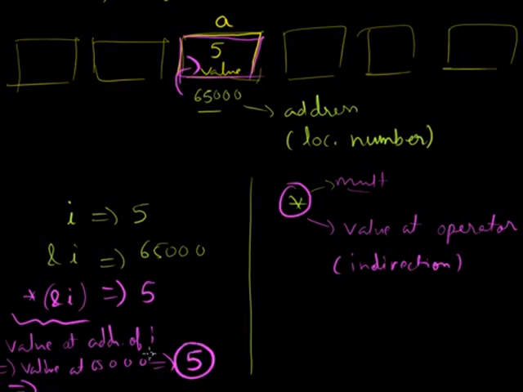So we would get 5. This is how these operators work: the address of operator to get the address of a variable, and the value at operator to get the value at an address. This is important.